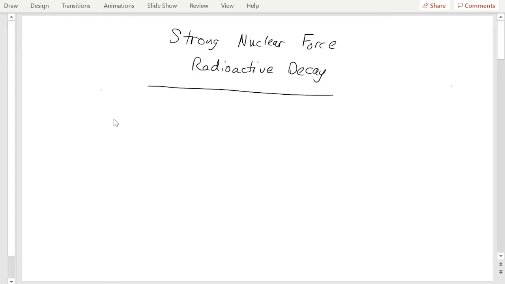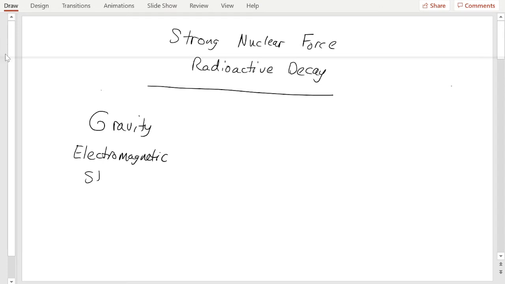The strong nuclear force is one of the four fundamental forces in nature, and these four fundamental forces are gravity, the electromagnetic force, the strong force, and the weak force.